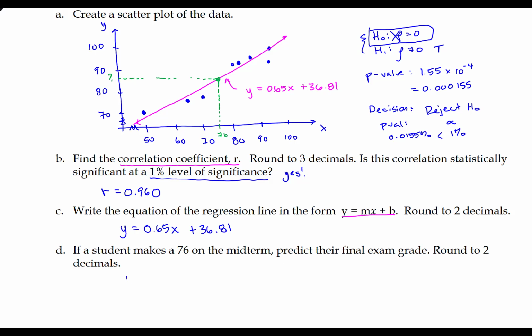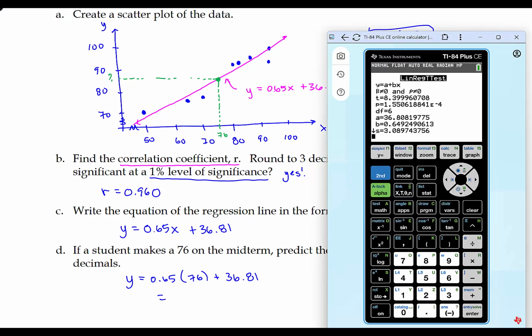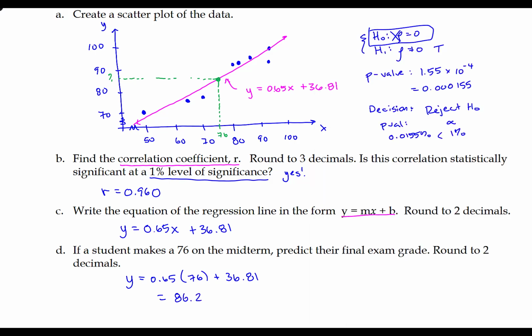But luckily enough, we have the line equation, so all we need to do is take an x value of 76, plug that into the line equation, and we'll get a prediction. So 0.65 times 76 plus 36.81 gives me 86.21. So the student here that got a 76 on the midterm should expect about an 86 on the final exam.